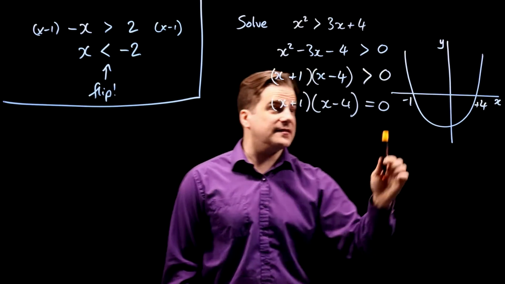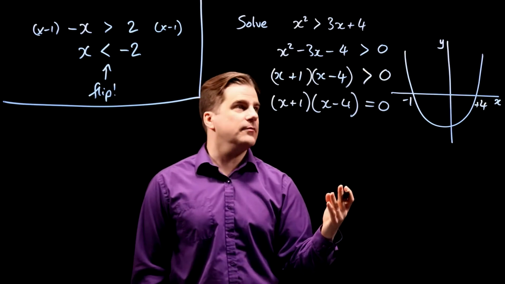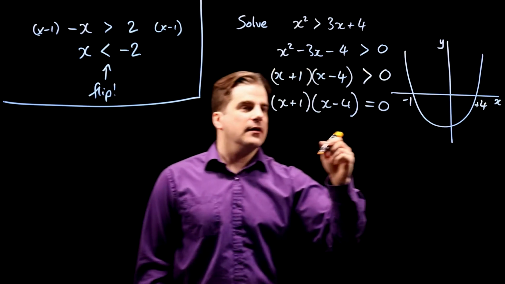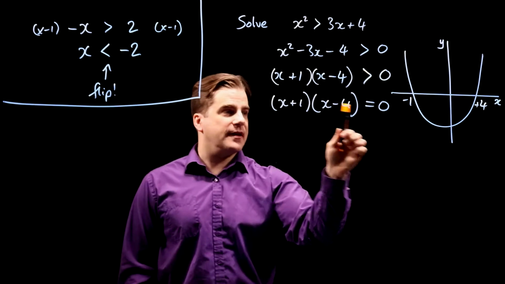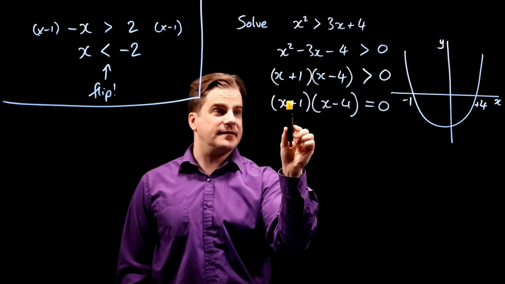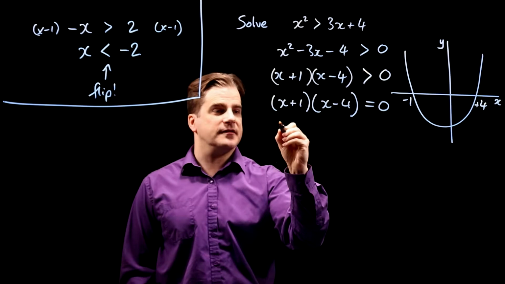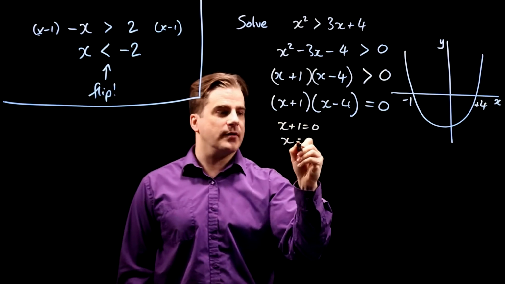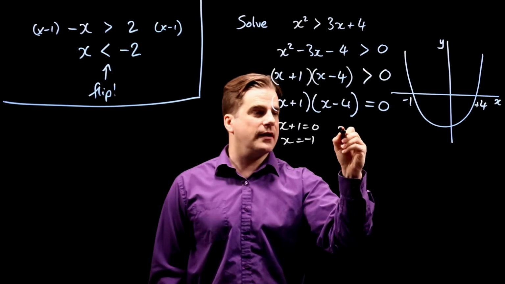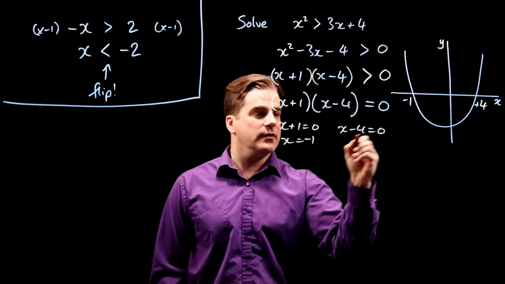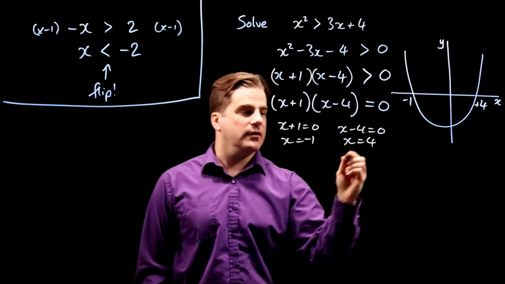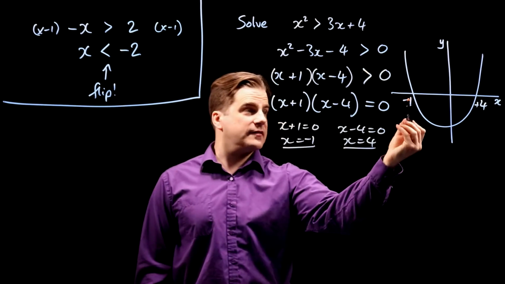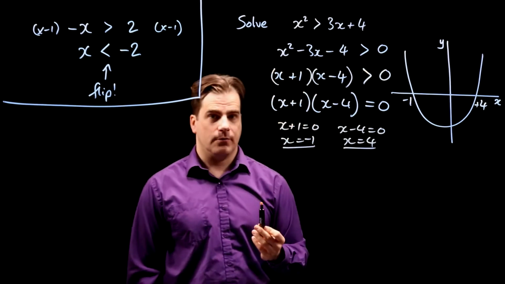The x-axis is the line y equals 0. If two things are multiplied together and they equal 0, then either that is 0 or that is 0. So either x plus 1 is 0, in which case x is minus 1, or x minus 4 is 0, in which case x is 4. That's how we know that's the point minus 1 and that's the point 4.